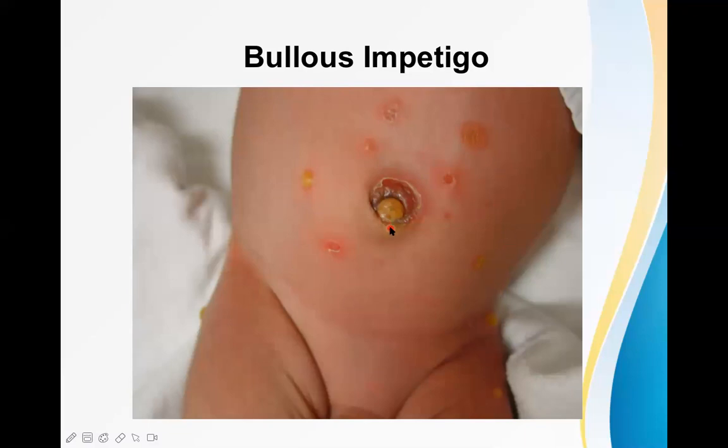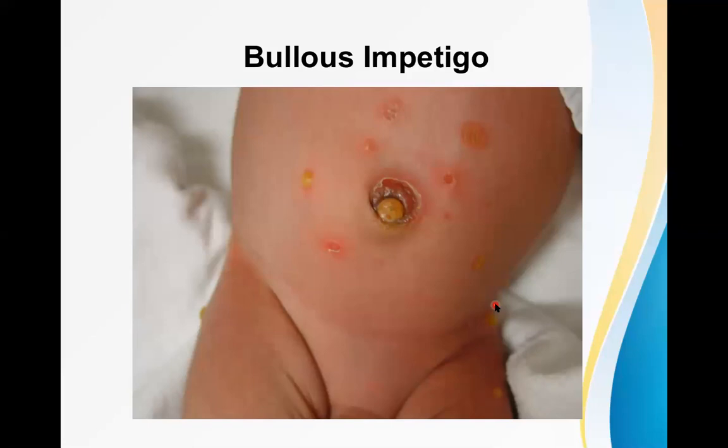Now if I ask you what may be the causative agent after looking at this picture, what is the answer? What is the causative agent here? Streptococcus pyogenes. Now see here. There are two organisms which are common, either Streptococcus pyogenes or Staphylococcus aureus.